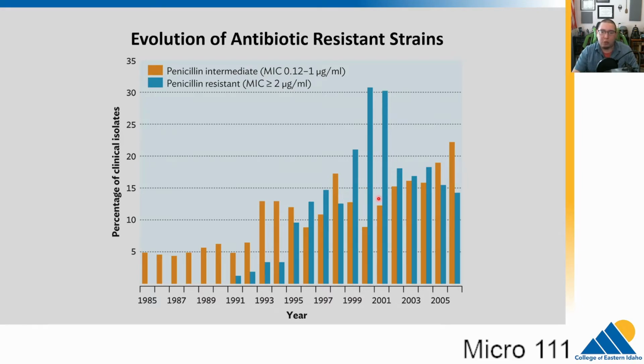It's being selected for. Some of this drop would also probably be due to hospitals no longer prescribing penicillin, right? They find that 30% of the time it doesn't even work, so they stop prescribing it. So there's no longer that selective pressure there, and the strains might lose that resistance. In many cases, antibiotic resistance is only useful when the antibiotic is around.